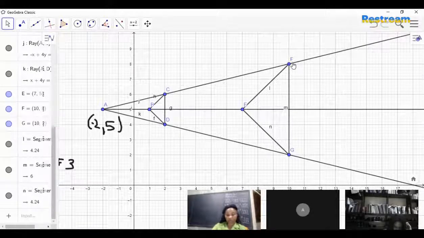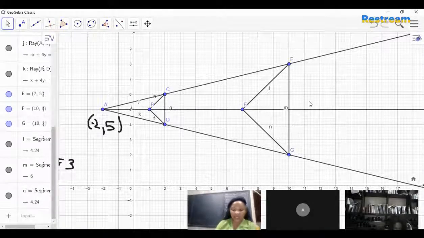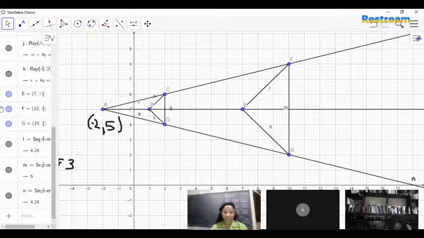Same thing for each point. Since we're doing it on this software, it's easier: we just get our rays and join the points and it will extend in a straight line. And then we can just count the coordinates and triple them.